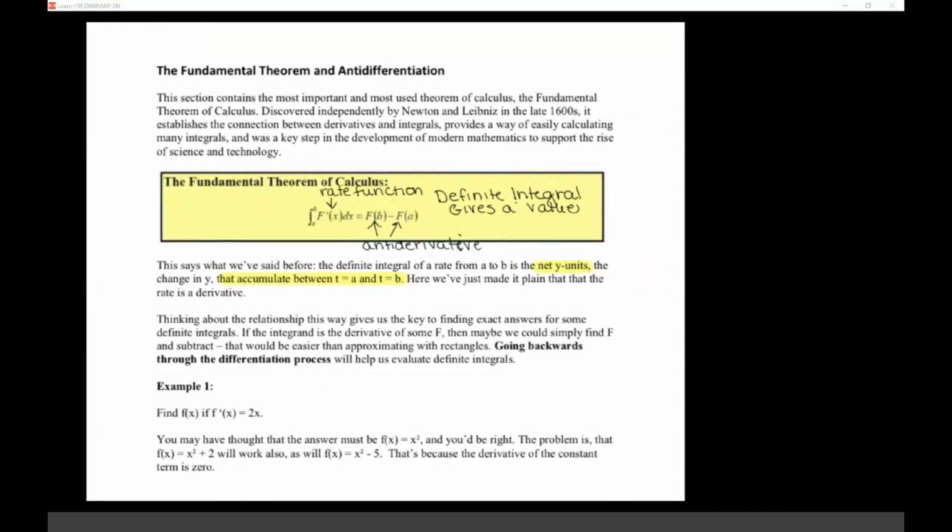What are you accumulating as you go from A to B? Again, in assignments, they won't always put a prime here, so you have to remember that this is some sort of rate you're integrating. Anybody got questions on the terminology, or what these things are giving you?